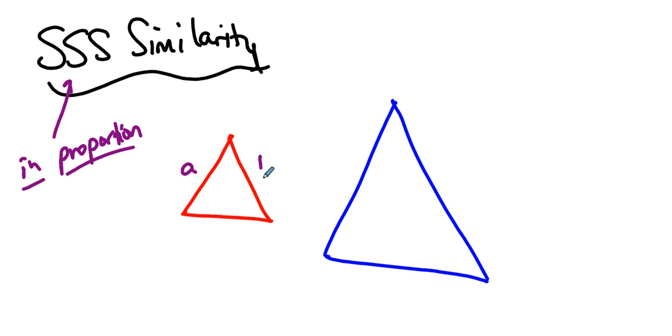So whatever this is, whatever this is, whatever this is a multiple, this is the same multiple, this is the same multiple. If you can get the side lengths of one triangle by multiplying the side lengths of the other triangle by some fixed number, then we say that the sides are in proportion, and if all the sides are in proportion, then the angles have to be congruent and the triangles are similar.